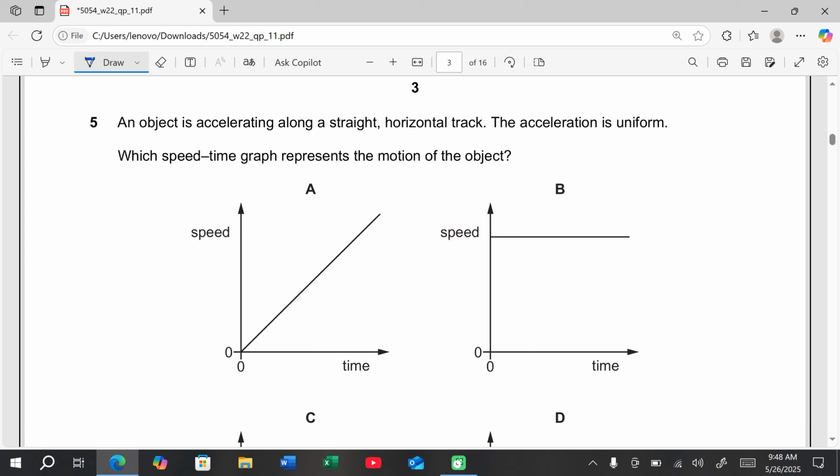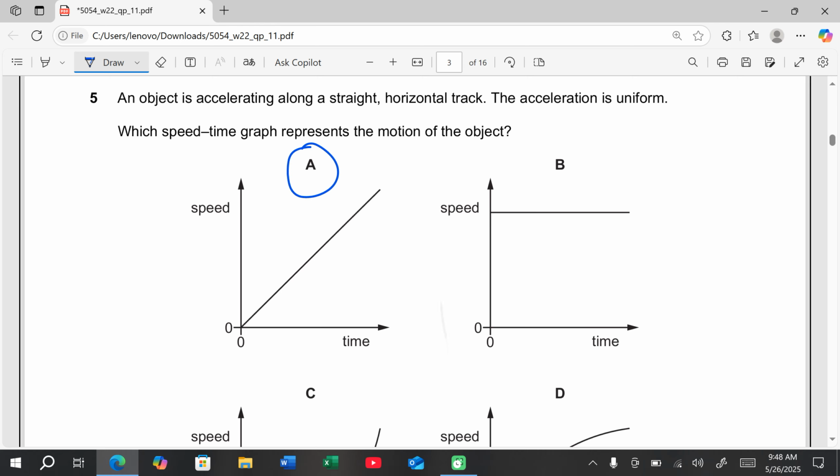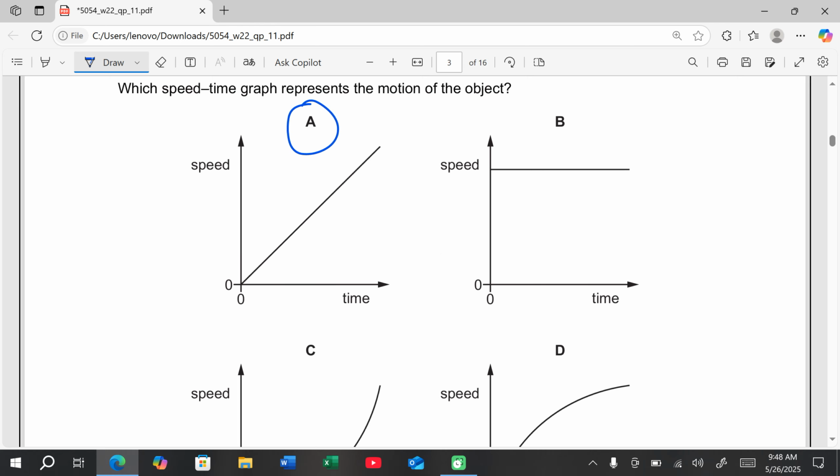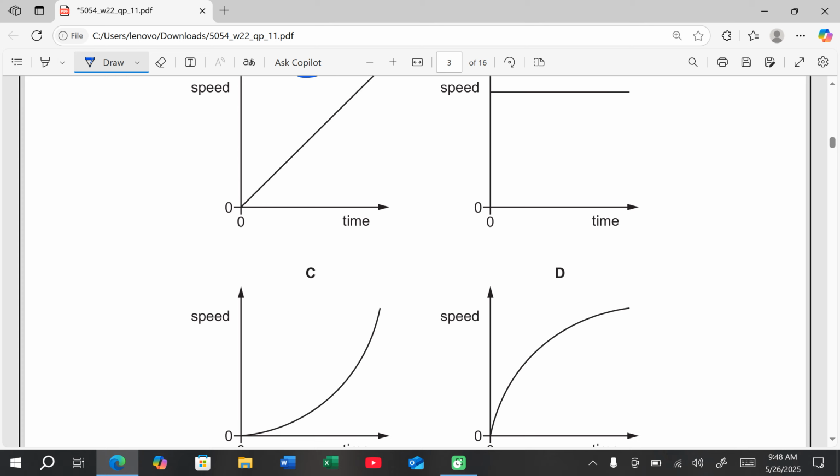Acceleration is uniform. What speed time graph represents the motion of the object? Since there is uniform acceleration, it should be a straight line. But let's see what the others say. That's zero acceleration, that's non-uniform, that's also non-uniform.